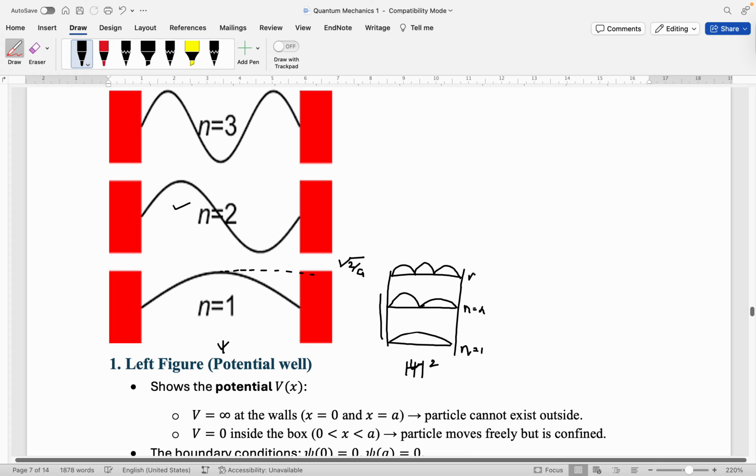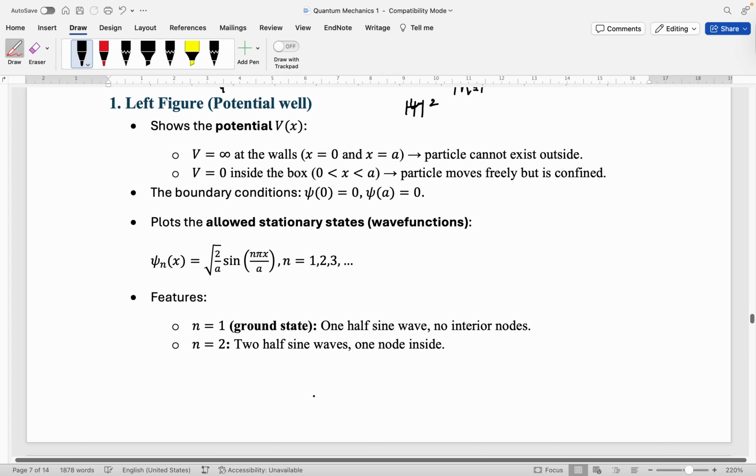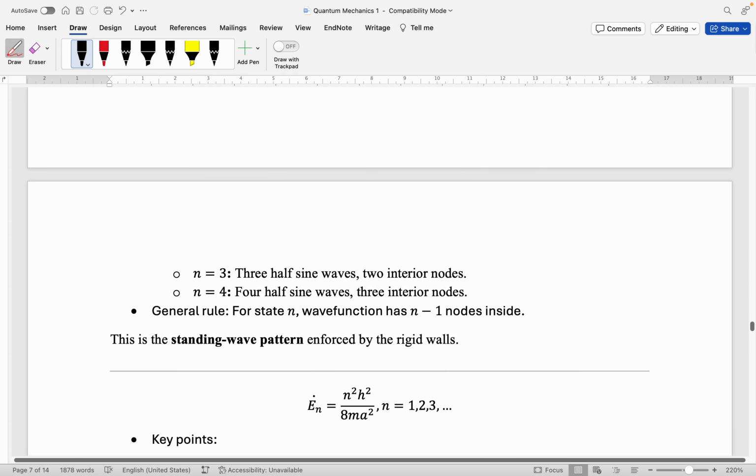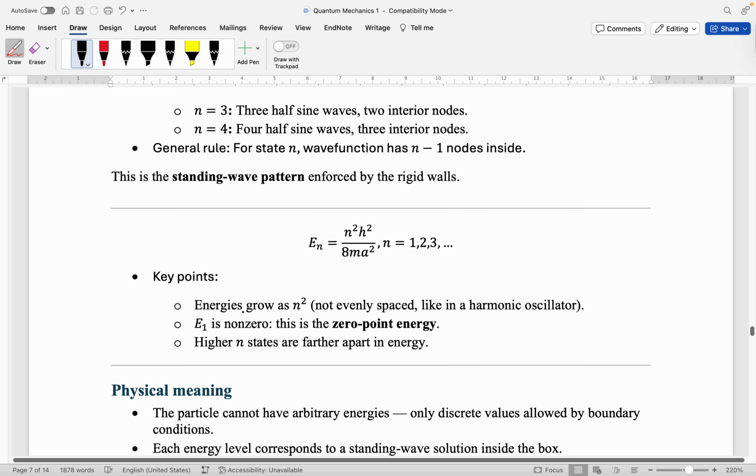This is n is equal to 3. So that's how it works. These things are repeated, so I don't want to repeat this. This is clear.